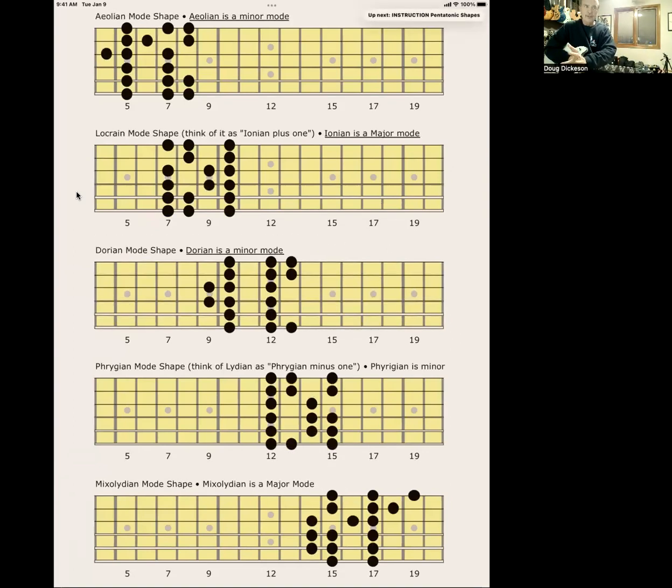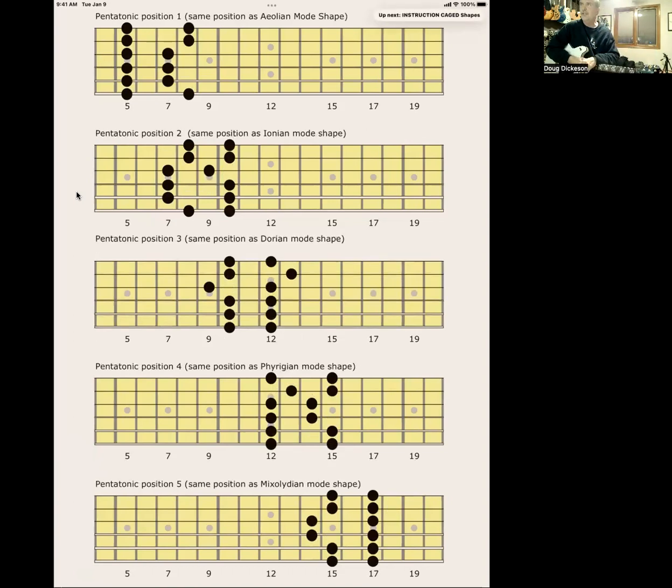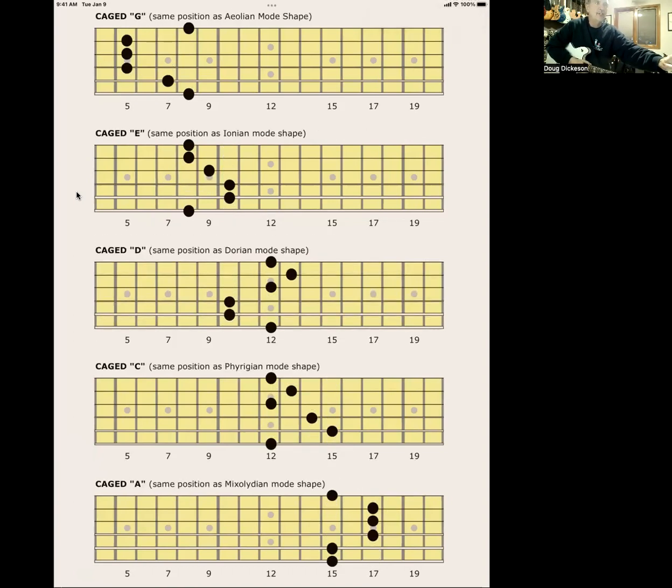Of course, you've got 5 other mode shapes that you can use, and I know that there are 7 modes, but the Locrian and the Ionian are so close together, and the Lydian and the Phrygian are so close together, that I pretty much just lump them into the same mode. And it also makes for an easier explanation when you're looking at how these mode shapes relate to pentatonic shapes and to CAGED shapes.